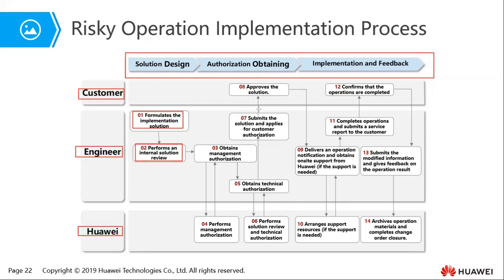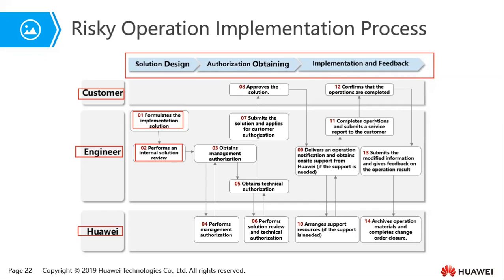Once the customer approves the solution, they can go ahead and deliver a notification. So you need to deliver a notification and obtain on-site support from Huawei if that particular support is needed. If that support is needed, then you need to arrange support resources with Huawei.